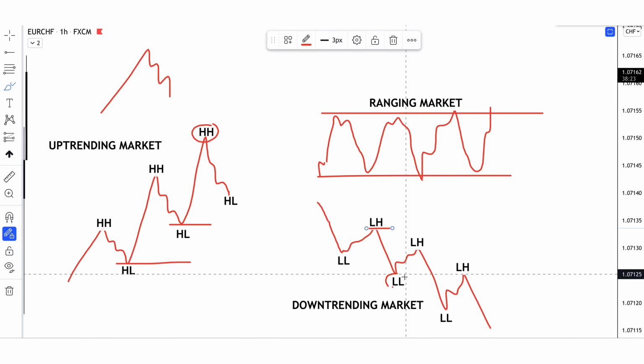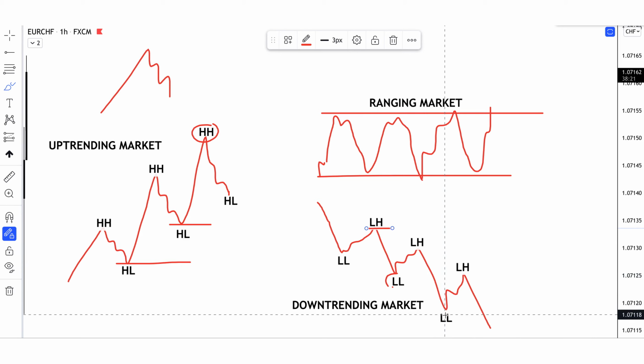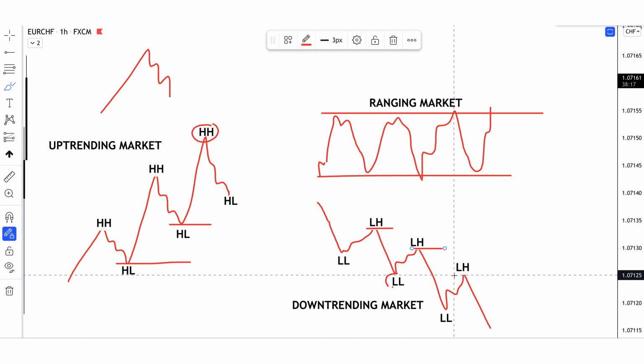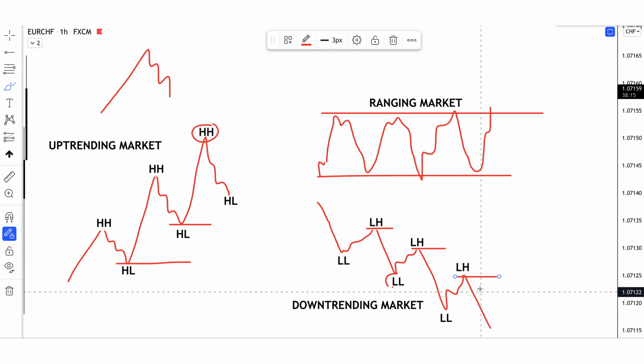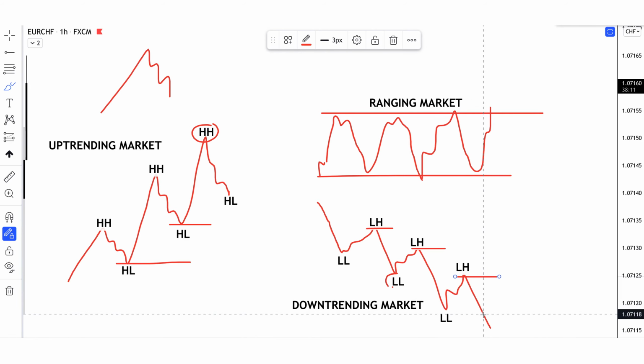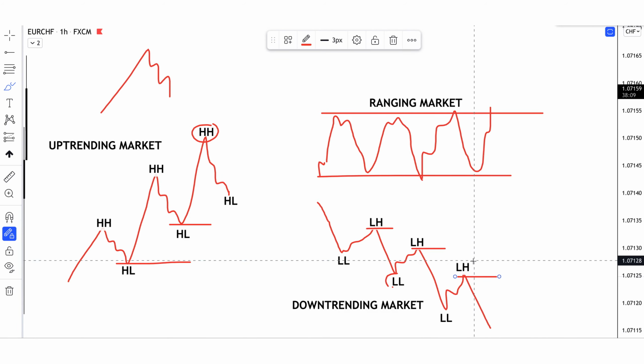Once we make a new lower low, this becomes the new lower high, so we have to maintain this market structure. Then we make a new lower low, so we have to maintain below this lower high here in order to maintain bearish market structure. So that's an uptrending market and a downtrending market.